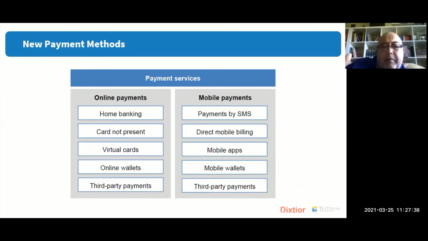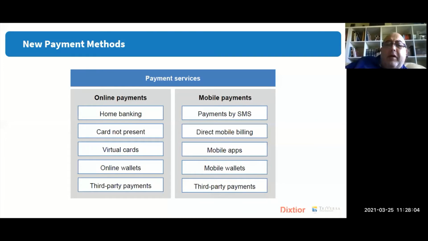As we can see in online payments, on these new payment methods, we have the home banking that everybody uses now. Card not present, like you have the card on the phone, you don't have a physical card. You have virtual cards, you have online wallets. Everybody talks now about virtual wallets, online wallets for cryptocurrency and things like that. But you can also have it for the traditional money, if you want to call it like that.